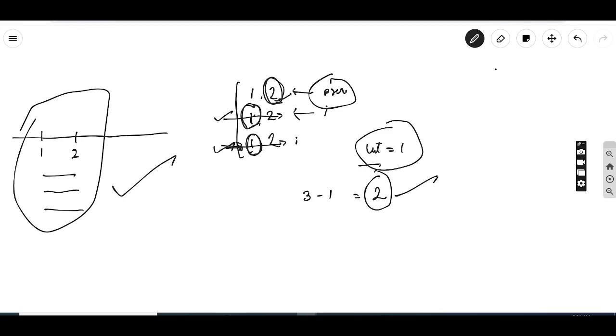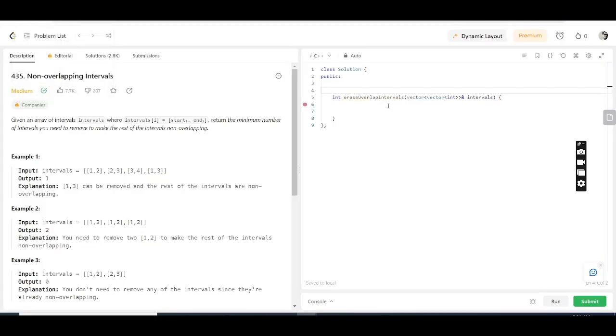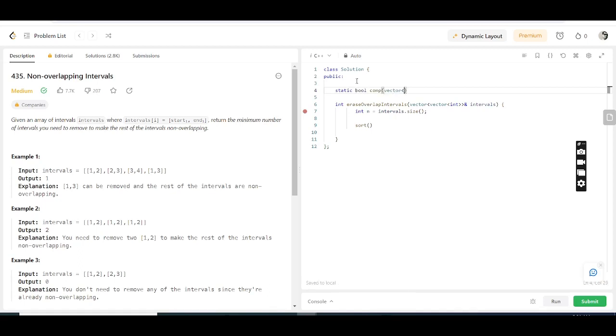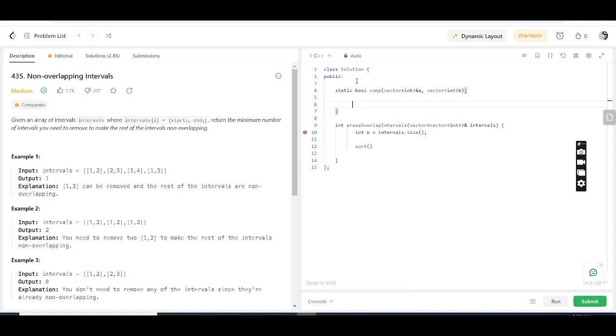So let's jump to the code implementation part. Let's take n equal to intervals dot size, then let's sort them. First let's create a static bool comparator taking a vector a and a vector b, returning a of 1 greater than b of 1.